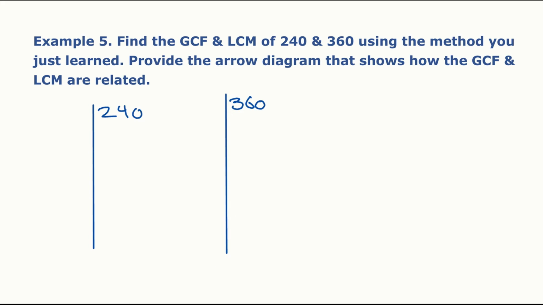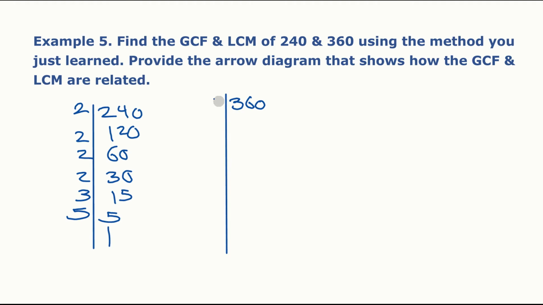All right, so we're going to find the prime factorization of each of those. So for 240, we have 2, 120, 2, 60, 2, 30, 2, 15, 3, 5, 5, 1.